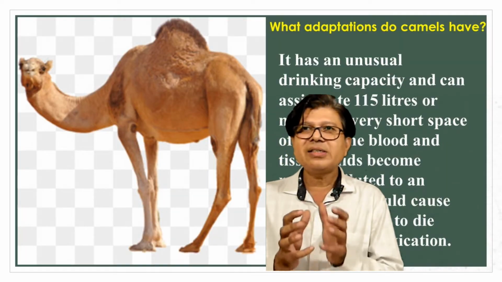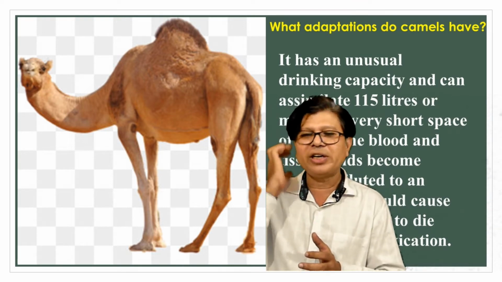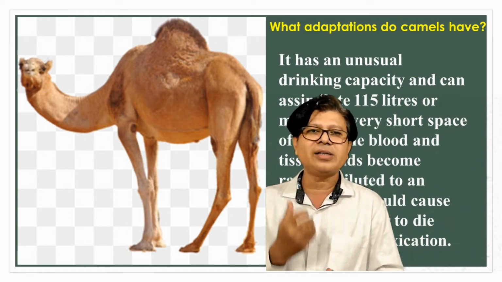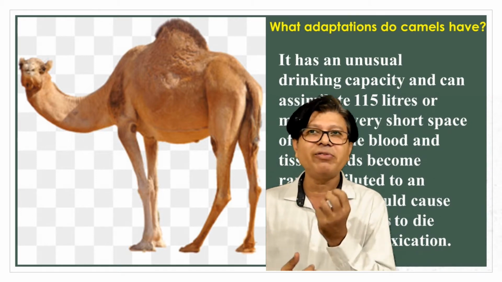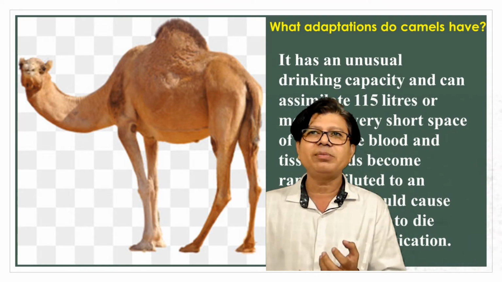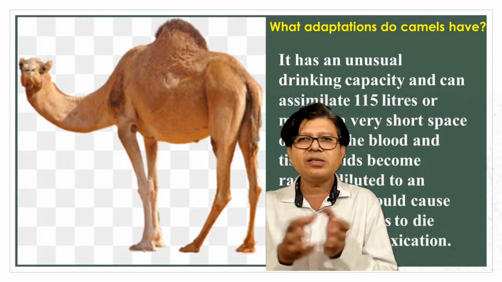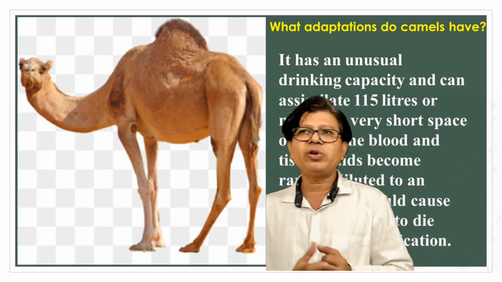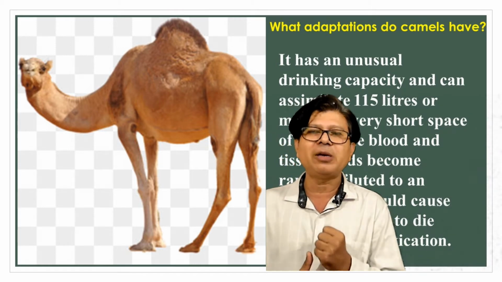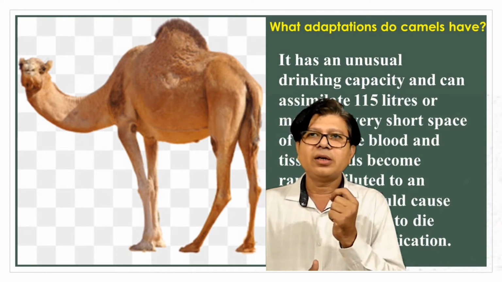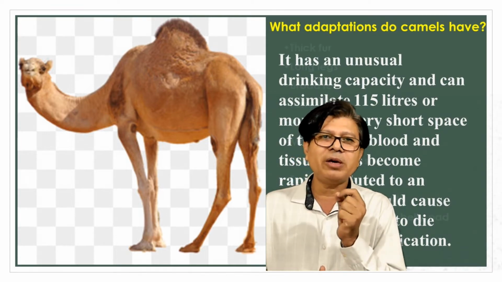Now let us discuss the phenomenon of drinking water in camels. It can take in about 115 liters or more at one time. It drinks that water, and this is diffused into its tissue system, and therefore the blood and tissue fluids become rapidly diluted, to an extent that would cause other mammals to die.